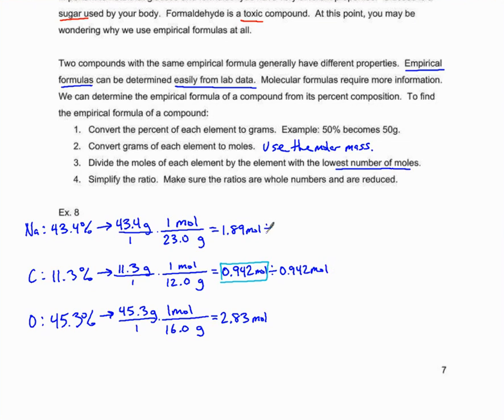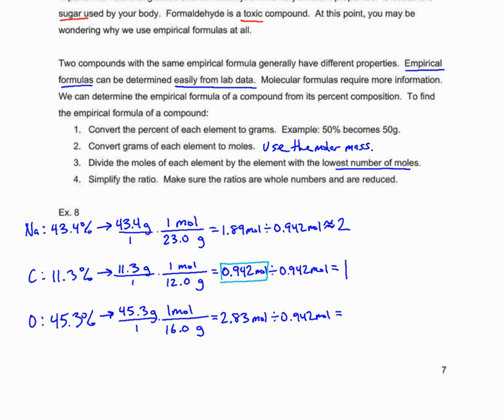We're going to divide this one by 0.942 moles. And we're going to divide this one by 0.942 moles. So we know that this is 1. And 1.89 divided by 0.942 is 2.0064.